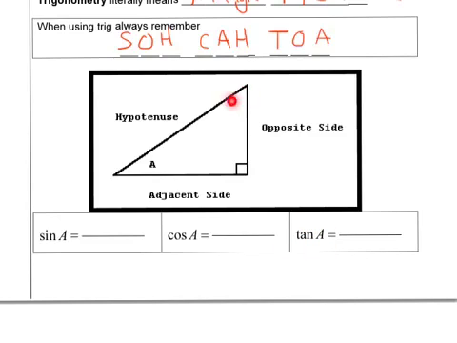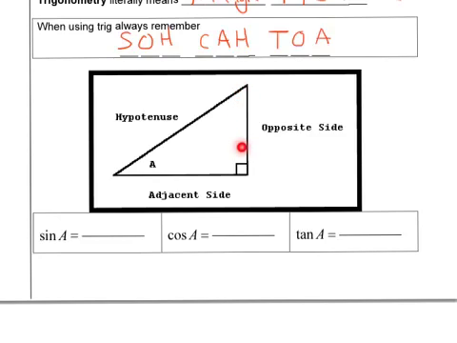If you have a right triangle like this, the sine of an angle, like the SIN button on your calculator, is equal to the ratio of the opposite side of that angle and its hypotenuse. Here's angle A. The side opposite of it is over here, and the hypotenuse right there.